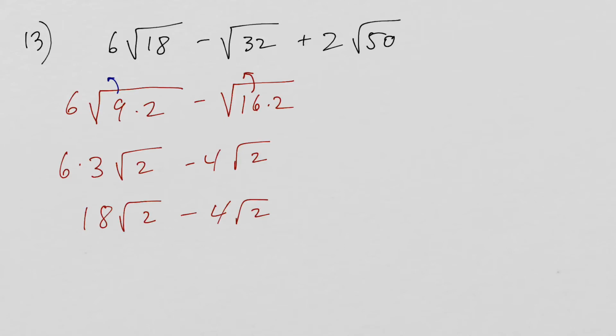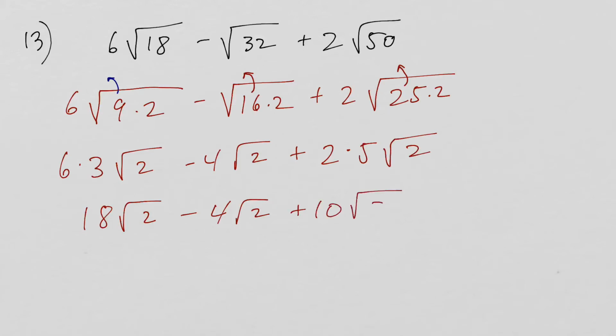And finally, I'll write this as 2 times the square root of 25 times 2. That's 50. And I take out the 25 by square rooting it. The 2's already out there. The 25 becomes a 5, and I'm left with the square root of 2. And 2 times 5 is 10. And these are all root 2, so they're like terms. So I have 18 minus 4, which is 14, plus 10, which is 24.